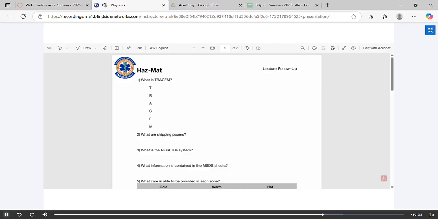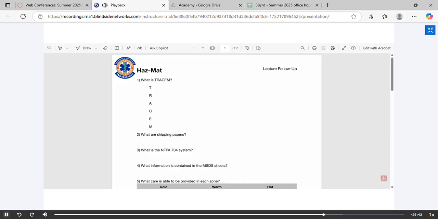Number 2, what are shipping papers? So I don't know how much you guys actually pay attention to some of the vehicles that are on the highway with you when you're driving down that highway. But there's a lot of trucks, a lot of tanker trucks that are carrying substances that are hazardous, right?